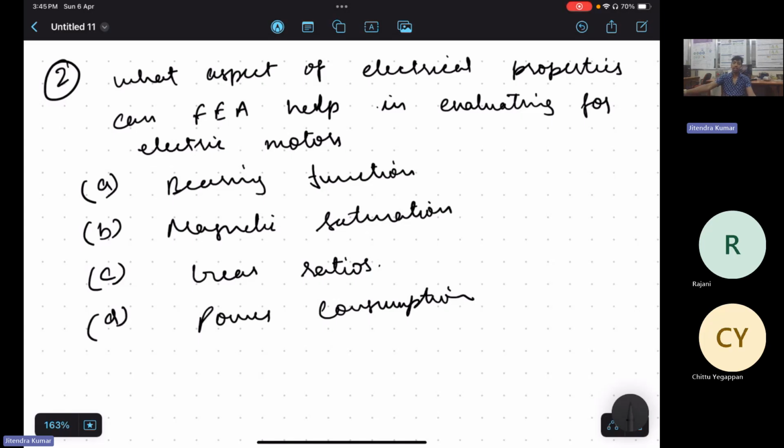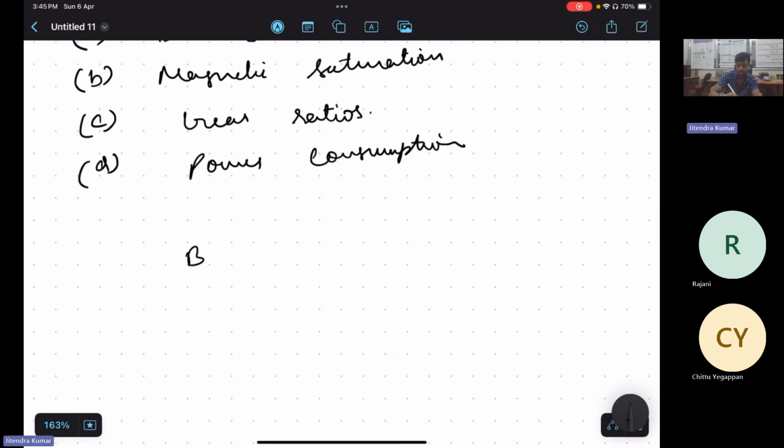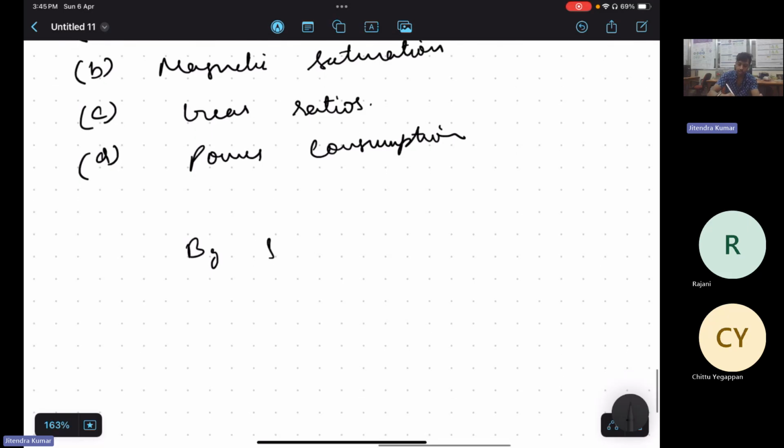Yes, sir. Like in FEA software, how will you get power? You have flux density, right? Air gap flux density you will get from FEA. Now you have area, and nowadays software also provides area in the software itself. So you will get air gap flux.